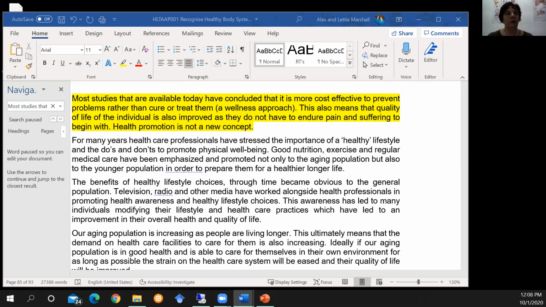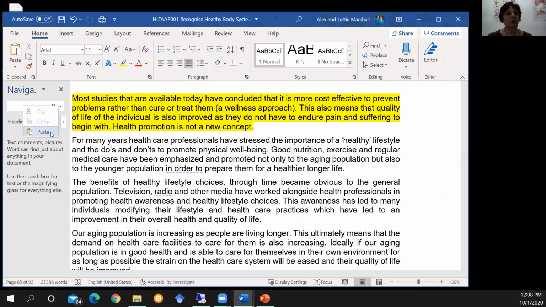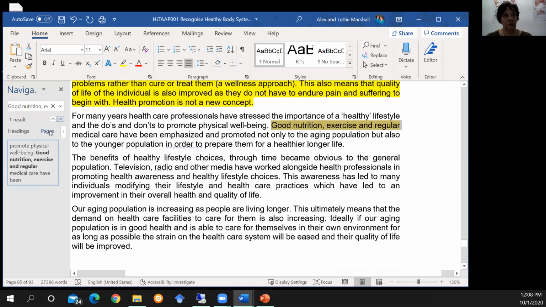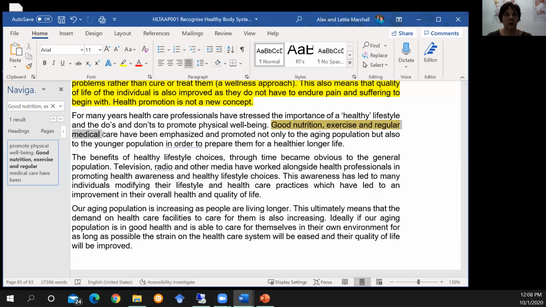Just find you a different page on it. Good nutrition, regular exercise, and regular medical care.